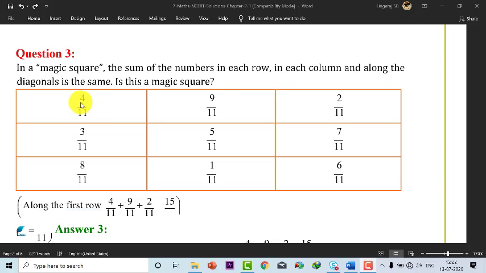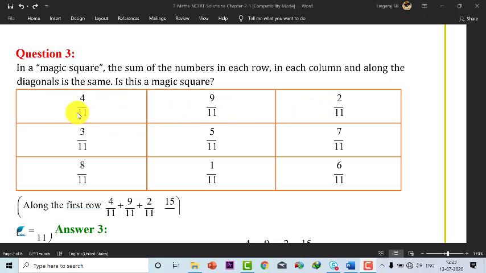Then 4 by 11, 3 by 11 and 8 by 11 is the first column, 9 by 11, 5 by 11 and 1 by 11 is the second column, 2 by 11, 7 by 11 and 6 by 11 is the third column. From left to right, 8 by 11, 5 by 11 and 2 by 11 is the first diagonal.